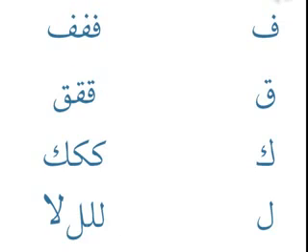Alphabets 20 to 23, so Fa, Qaf, Kaf and Lam. The Fa and the Qaf follow the same sort of patterns. You just look for the difference in the dot. The Fa has one dot and the Qaf has two dots. They can join to the next letter or the previous letter. The Kaf is one of the difficult ones to spot.